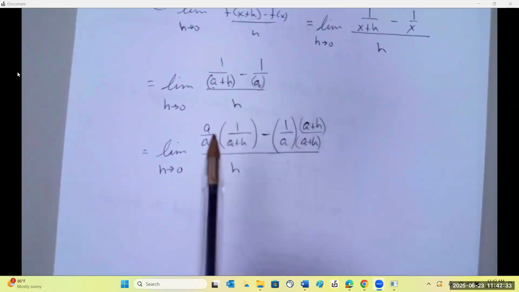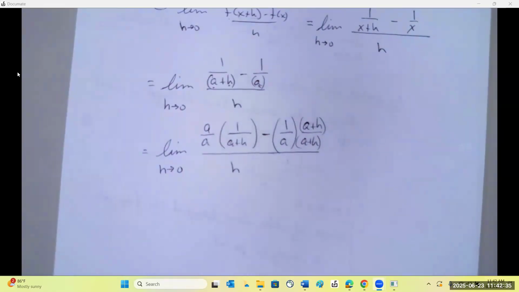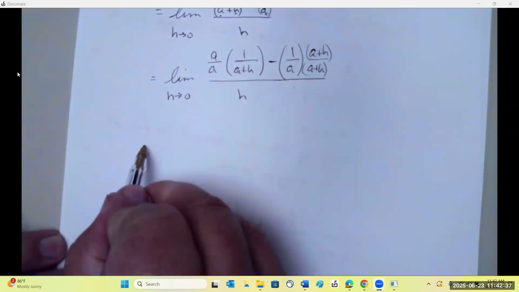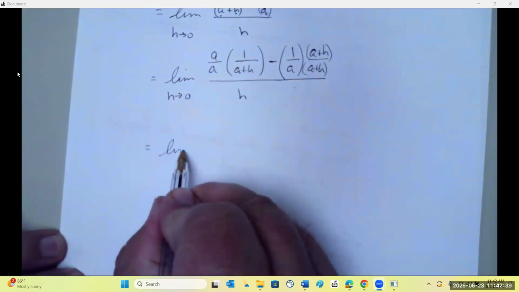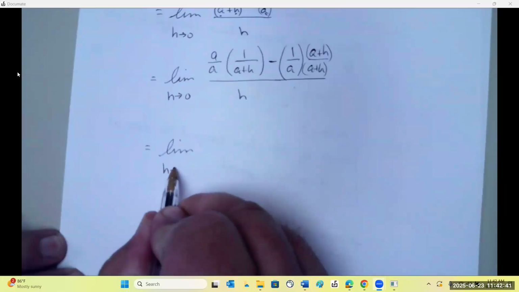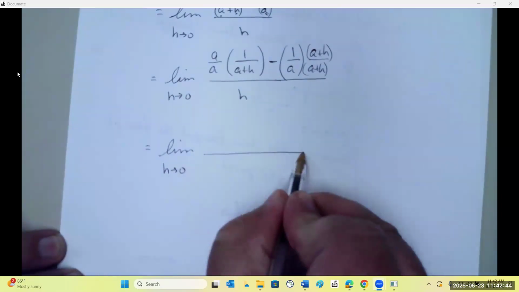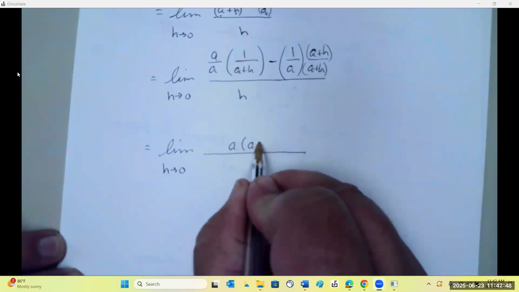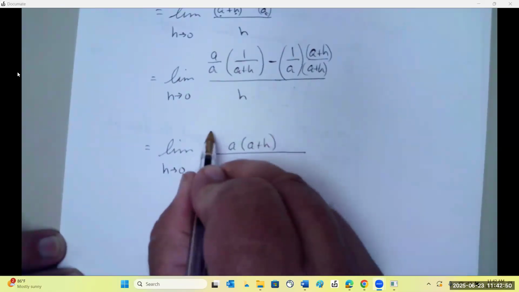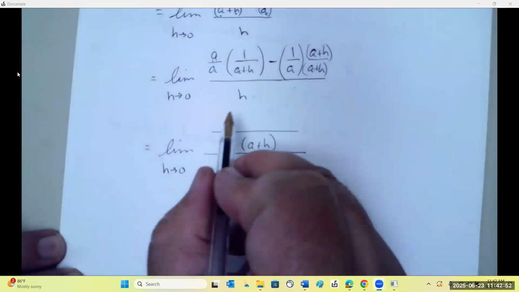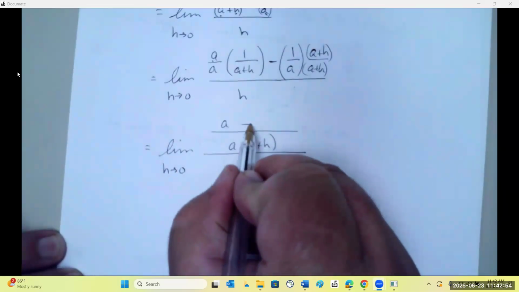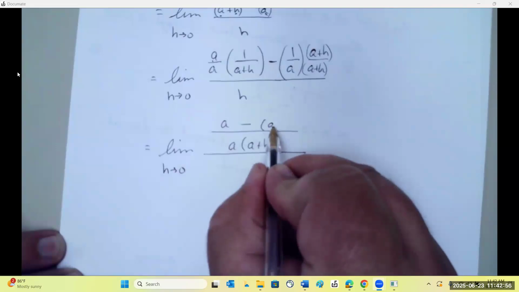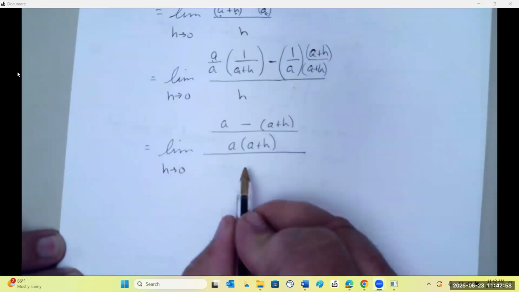I can't just add an h to it. So my common denominator on the numerator is a plus h, which makes it a times 1 is a, minus a plus h, over h.